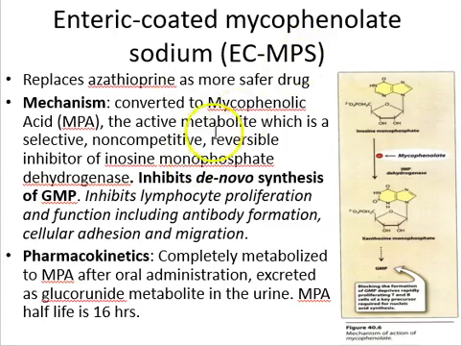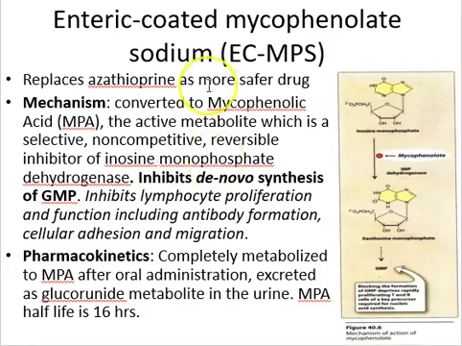Enteric-coated mycophenolate has replaced azathioprine because it has a much better safety profile. Basically, it gets incorporated into the structure right here, which is biologically active. And officially, it's a selective, non-competitive, reversible inhibitor of the enzyme inosine monophosphate dehydrogenase.